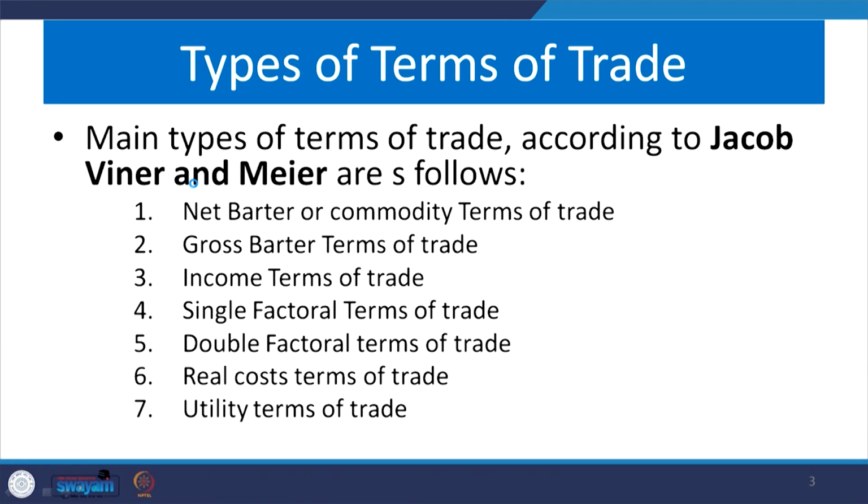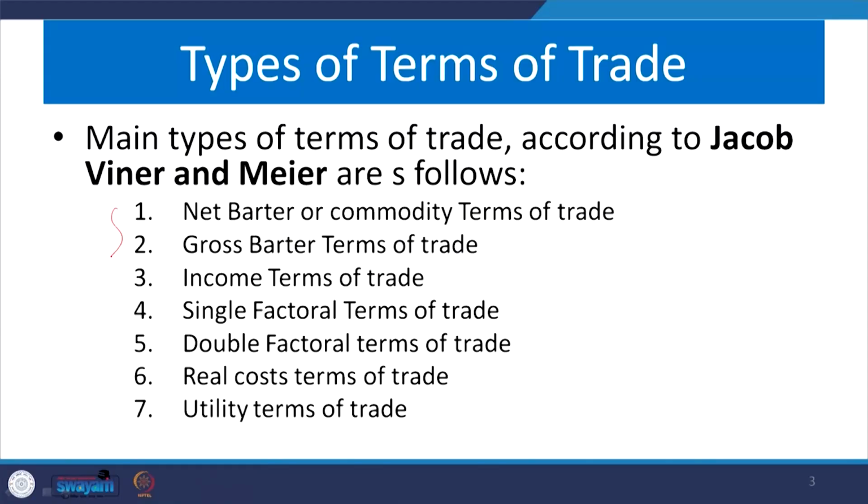In the last class we talked about different types mentioned by Jacob Viner and Gerald Meier, where the terms of trade are broadly in these categories. This is largely on commodity exchange, as I already mentioned. This is largely on productivity, or productivity efficiency.